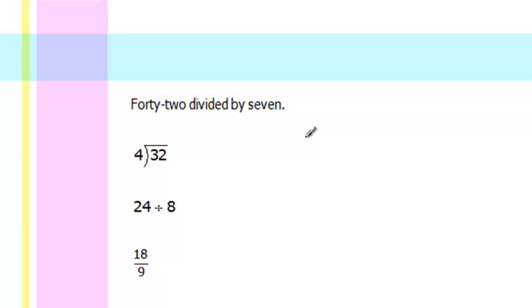So to write 42 divided by 7 the 3 different ways, I'd write 42 divided by 7 for the calculator, 42 divided by 7 for the long division, or 42 divided by 7 for the fractions. The other 2 ways to write 32 divided by 4.